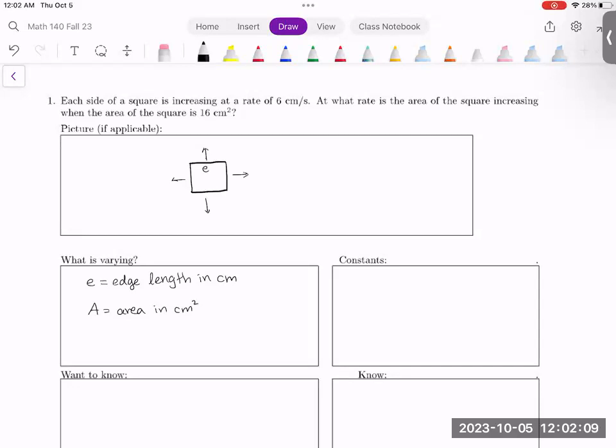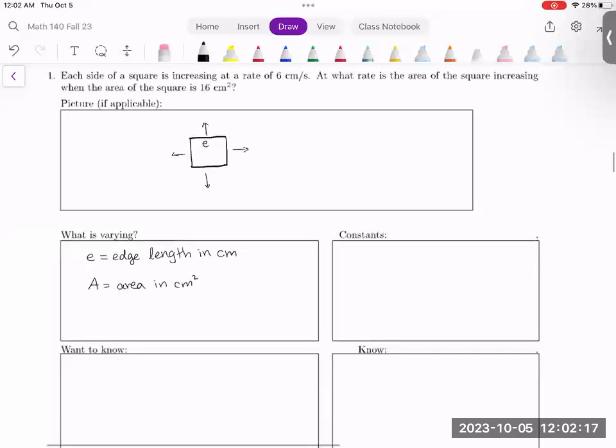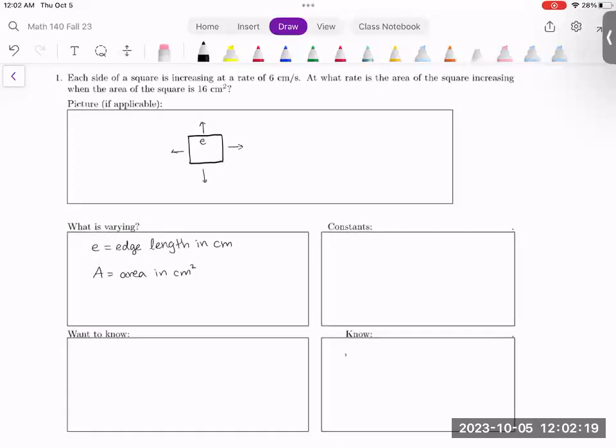We have a couple of constants. We know that our side lengths are increasing at a rate of 6 centimeters per second. And let's rephrase what we want to know in terms of our variables.